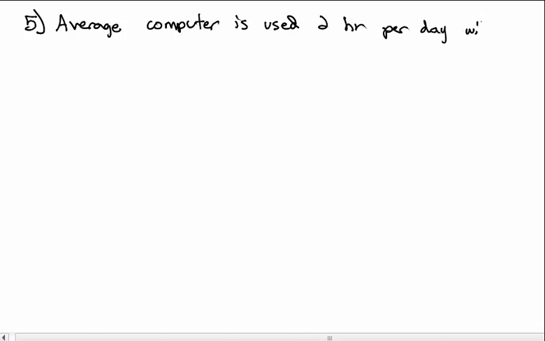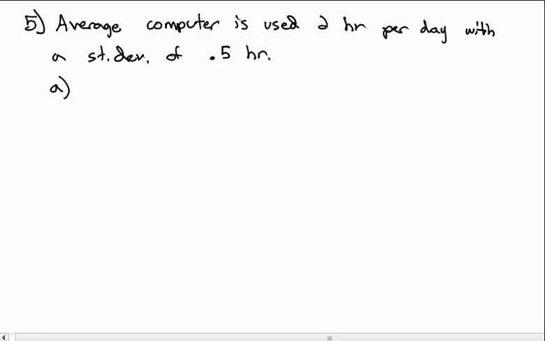Let's do a more realistic example, though. Let's say the average computer in a study is used 2 hours per day with a standard deviation of 0.5 hours.